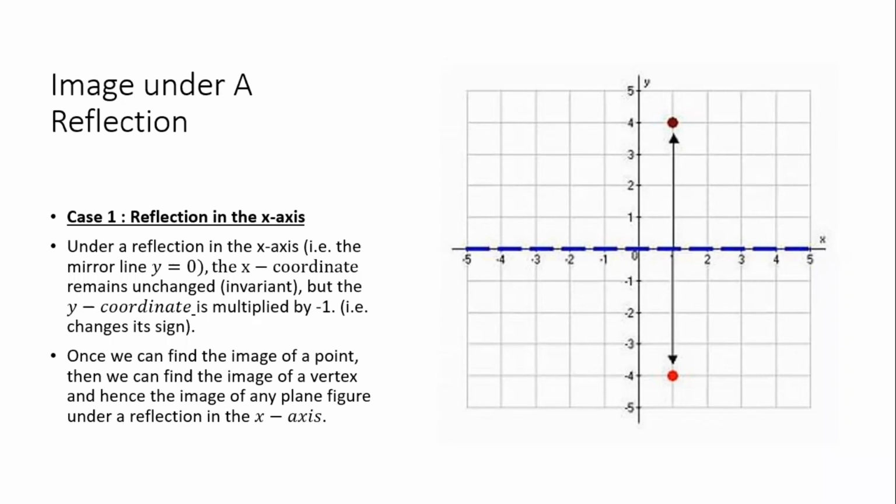If it was a negative 7, it will still be a negative 7. So when you reflect in the x-axis, your x value always remains the same, and your y value is multiplied by -1.